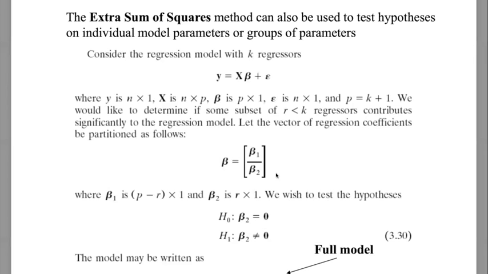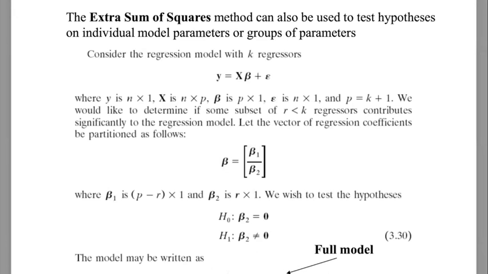Now, with that decomposition and a corresponding decomposition of the X matrix, or design matrix, we can rewrite the matrix formula for the model, y equals X beta plus epsilon, as y equals X1 beta 1 plus X2 beta 2 plus epsilon.